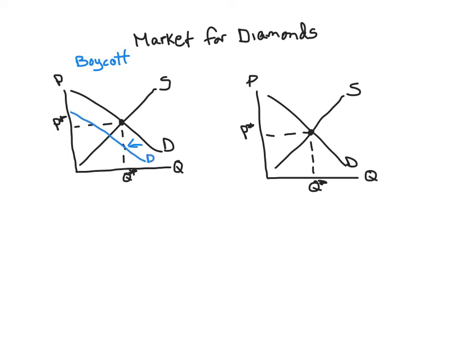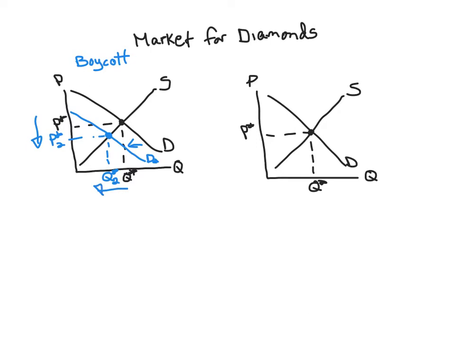So we'll have a new demand curve, we can call it D2. And eventually, once the market adjusts to this change, we'll end up at a new equilibrium where Q star is lower, we'll call it Q star 2, and P star is lower, we'll call it P star 2. So the price falls and the quantity falls.